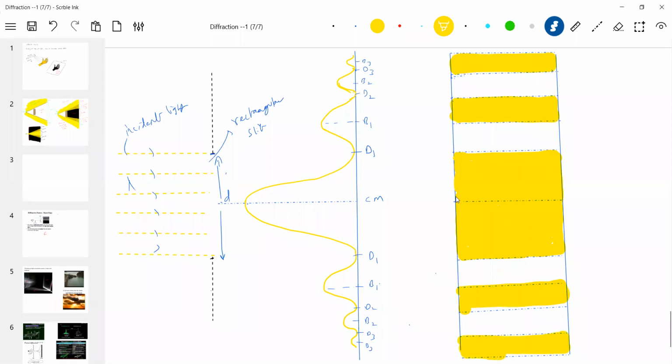Bright and dark bands will be like this. You have to call all of this the central maxima.